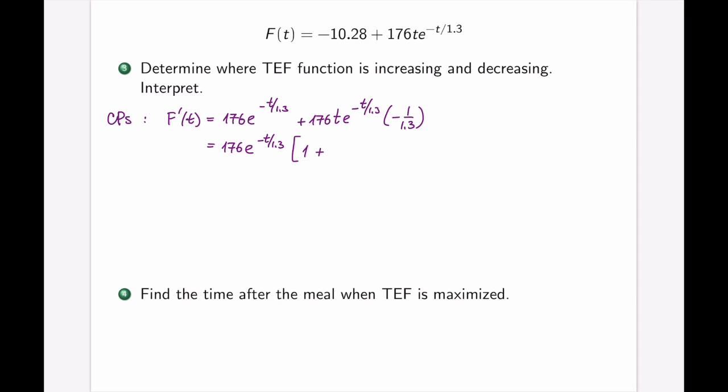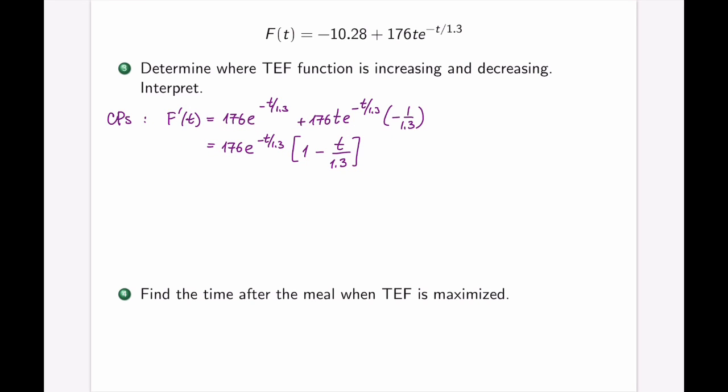So what I have from the first term here is just 1. And then what do I have left from here? I took out 176 and I took out e to the power. So what I have left is minus t times 1 over 1.3.